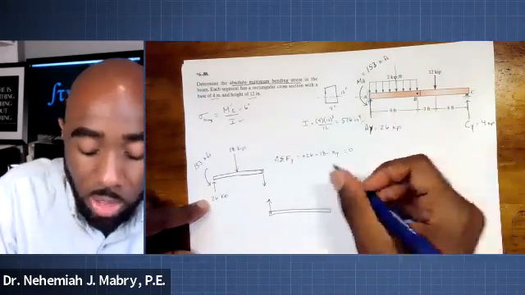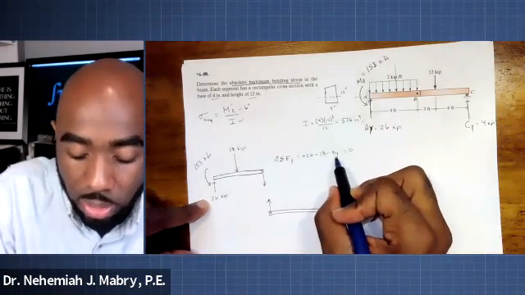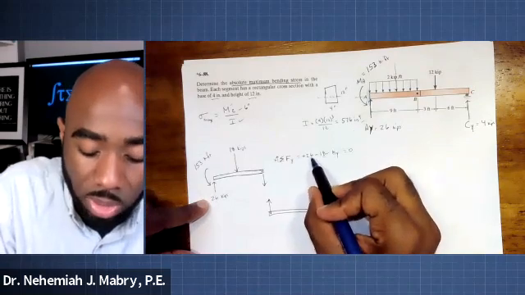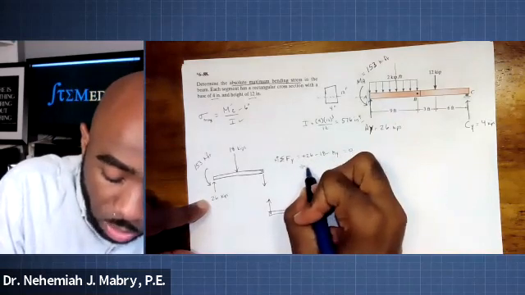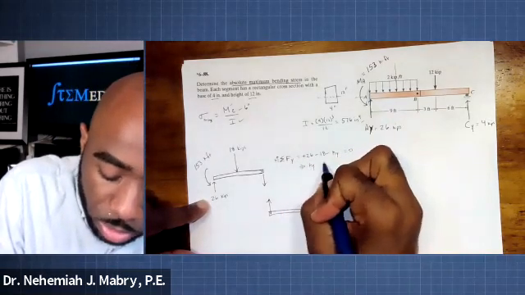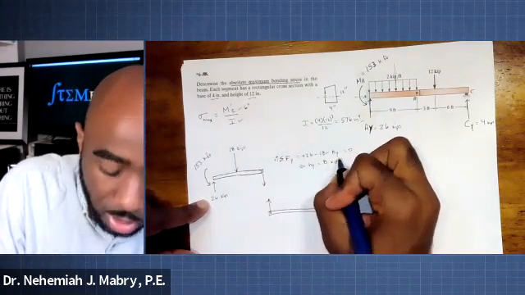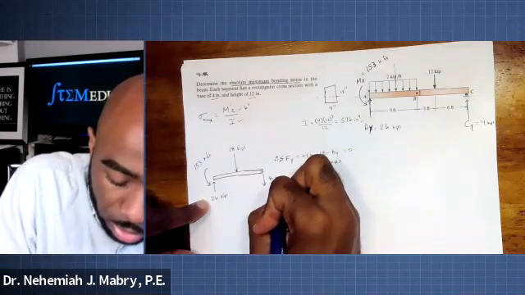By inspection, you can probably guess that, combined with the negative 18, it's going to cancel out the 26. So Hy is equal to 8 kips. That means this vertical force here is 8 kips.